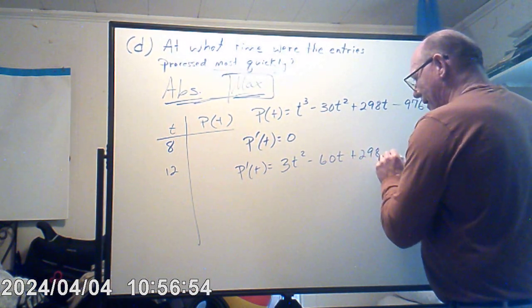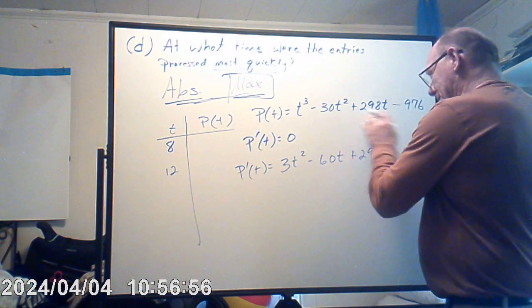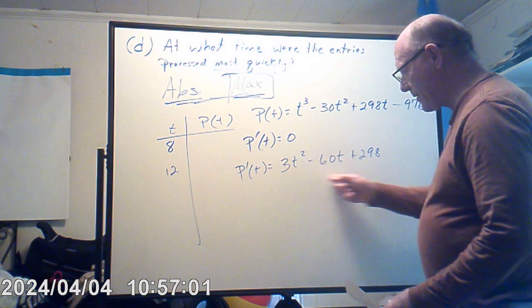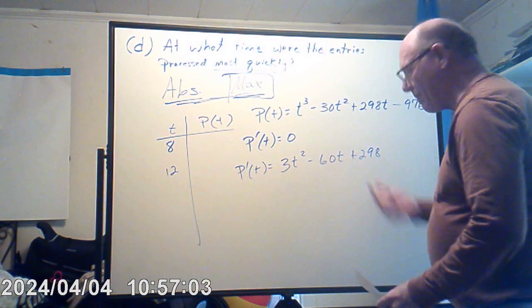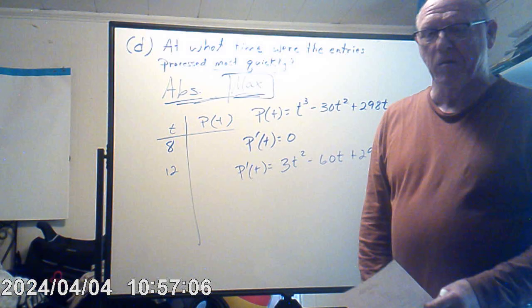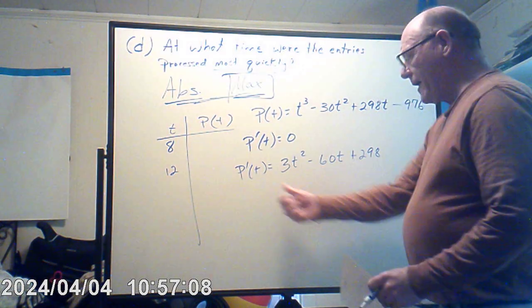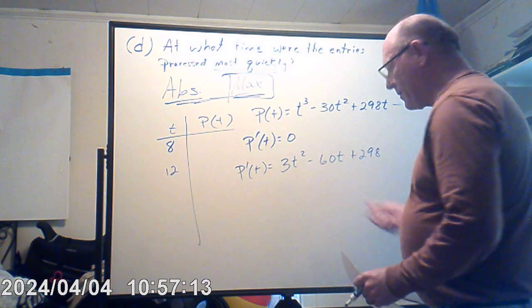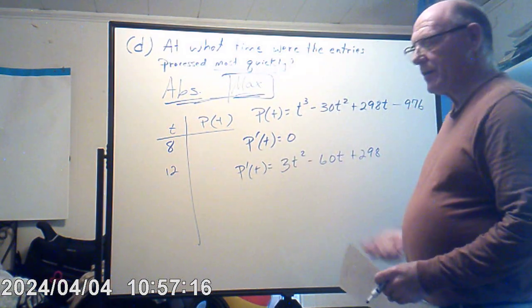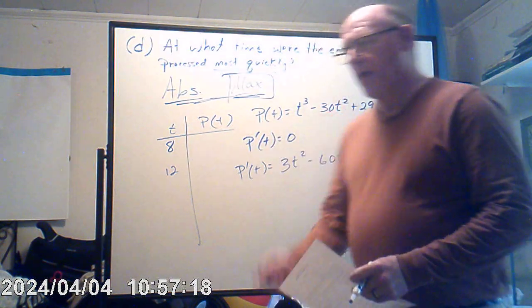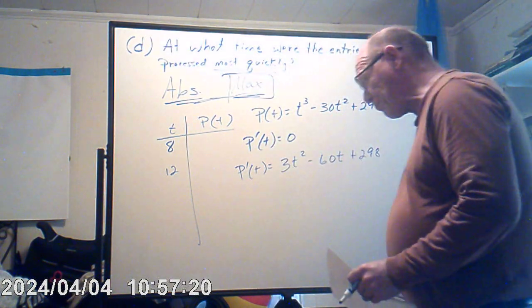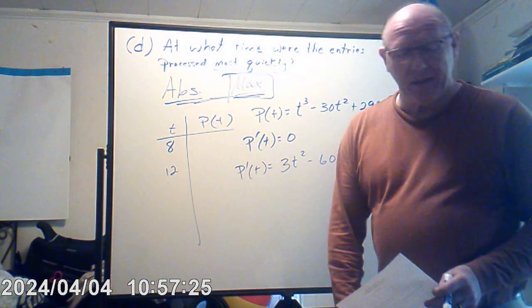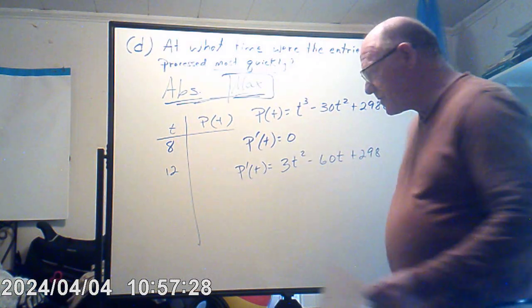See, 3 goes into 3 and 60, and 3 won't go into 298. Unfortunately, it will not. I solved this, well, several ways. You can use the quadratic formula. You can complete the square, which I did, but you can graph this.